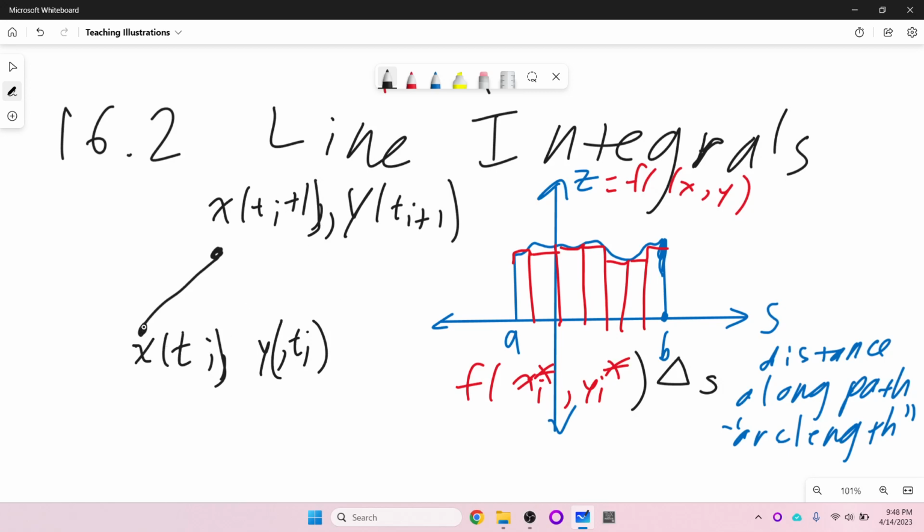And we could work out the distance along this using our standard distance formula, and it would allow us to get a straight line approximation. Using the Pythagorean theorem, the distance formula, it would be the square root of this minus that squared plus this minus that squared.